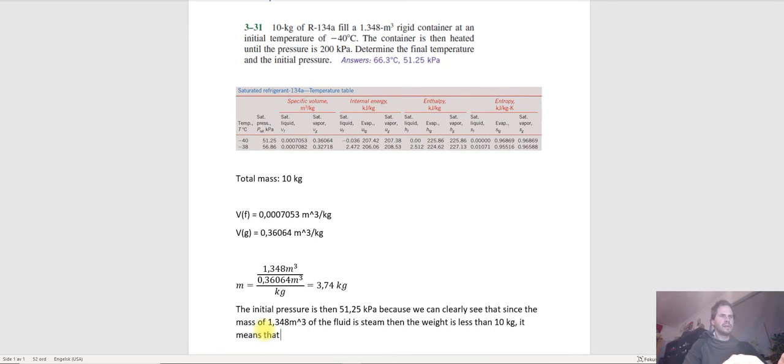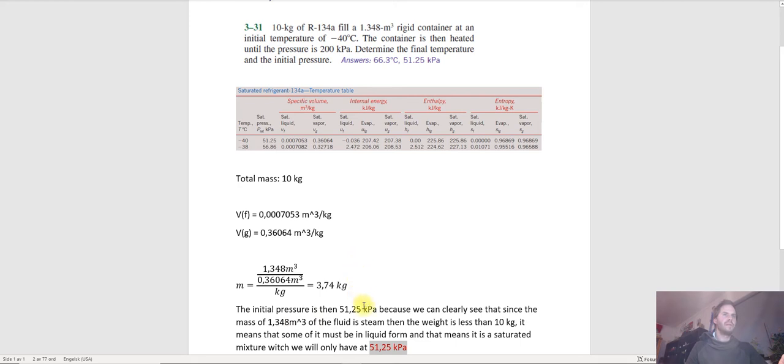It means that some of it must be in liquid form, and that means it is a saturated mixture, which we will only have at 51.25 kilopascal. I mark that in red to indicate that this is the answer for the first question.